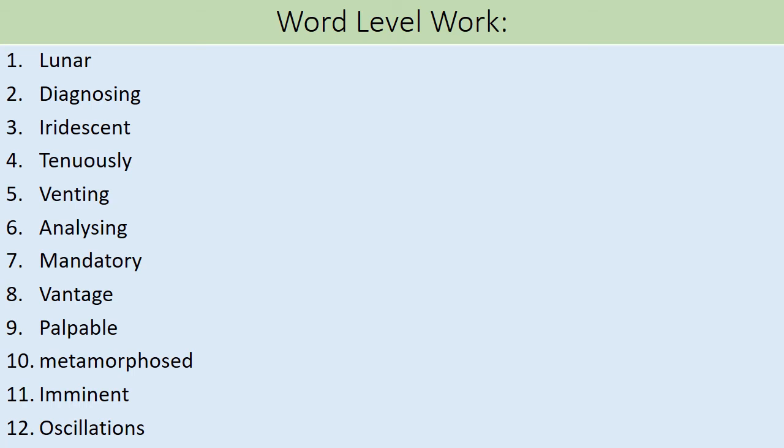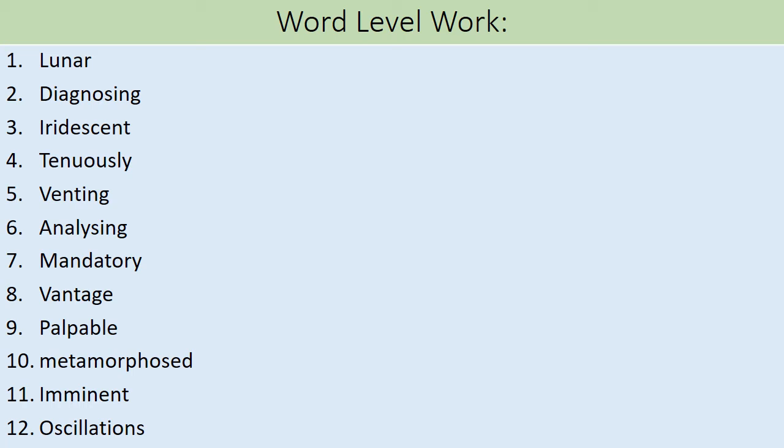Now we are coming to word level work. There are 12 words for which you need to find the meanings. Some of the meanings are given before we started. I have given you those, so I am not going to give you the answers for this. You have to do it on your own.